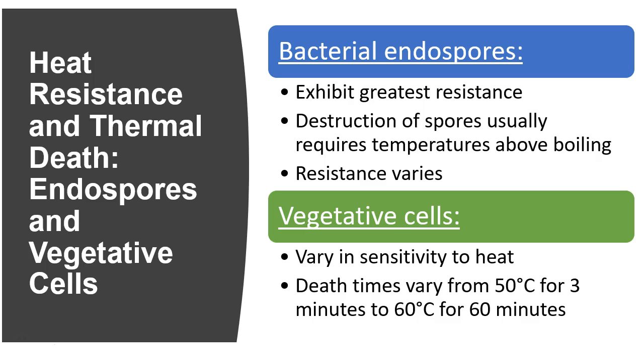So you're going to have a gram-positive bacillus or a clostridium, where they're going to have different resistance to different types of control methods. Vegetative cells are wimpier. They're more sensitive to heat, and they can be killed in a matter of a couple minutes, where an endospore you may have to take up to 45 minutes with pressure and steam to get them to die.